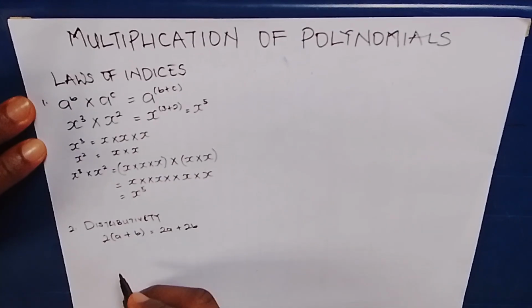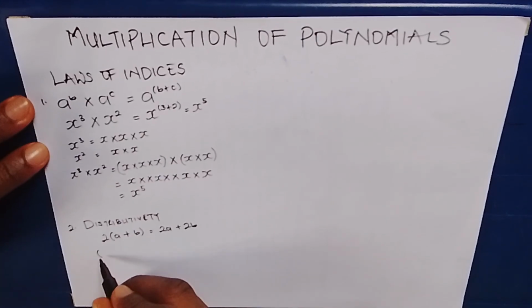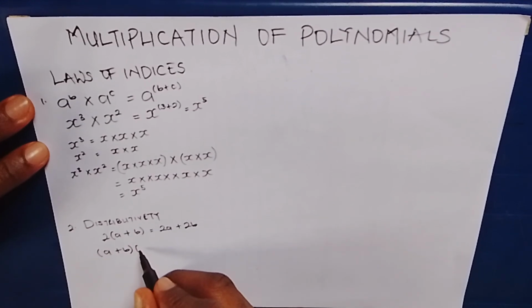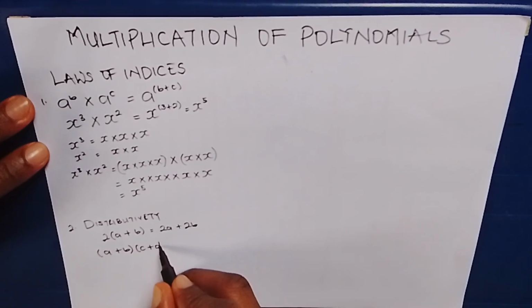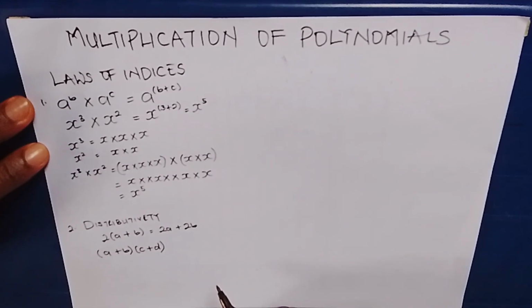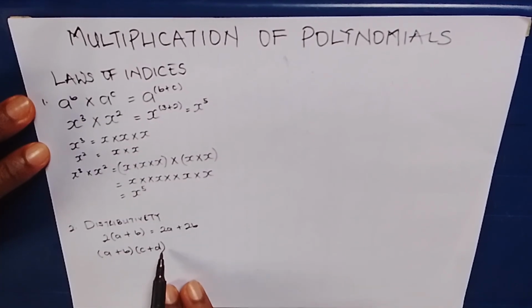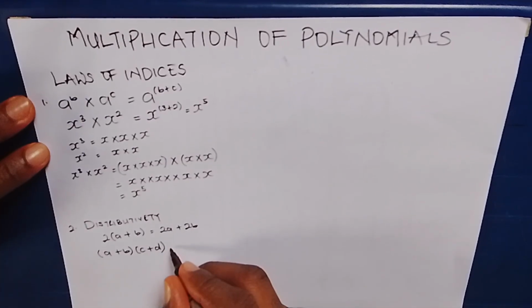Now let's try something else. Say (a plus b) times (c plus d). Because of the distributive nature of multiplication, every element in this expression will be distributed amongst this whole expression. How do we accomplish that?